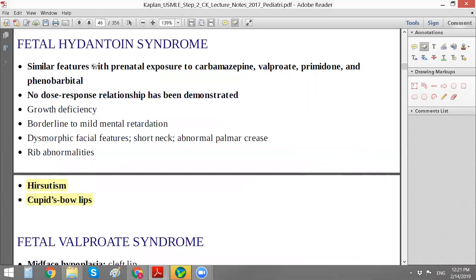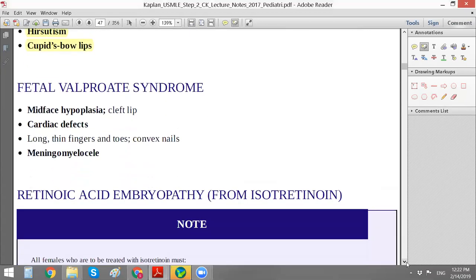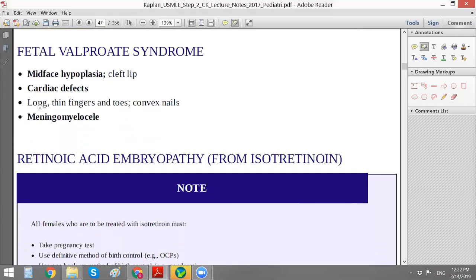So this is with all the anti-epileptics, whether it be carbamazepine or valproate or primidone or phenobarbital. All of them cause it. Fetal valproate syndrome is different. Why? Because it has cardiac defects, midface hypoplasia, and meningomyelocele.